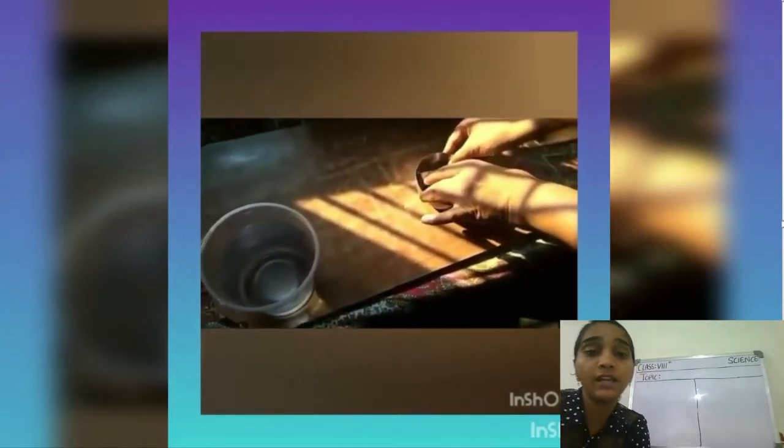Basically we have taken a mirror kept in a small bowl. You can see there is a piece of mirror, and from where the sunlight is coming from that window, we have placed this mirror over there, tilted towards that side. And in another container we are having some amount of water, and now we are pouring the water inside the small bowl.